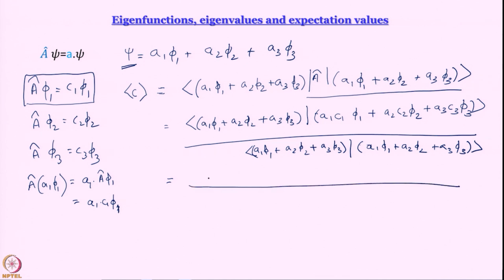So, let us go ahead and open this now. What will I get in the numerator? First term, phi 1, so remember this is phi 1 star and this is phi 1. So, I get something like A1 star A1, because the coefficients can also be imaginary, multiplied by C1 integral phi 1 star phi 1, that is the first term I get. Similarly, the second term will be from phi 2 and phi 2.